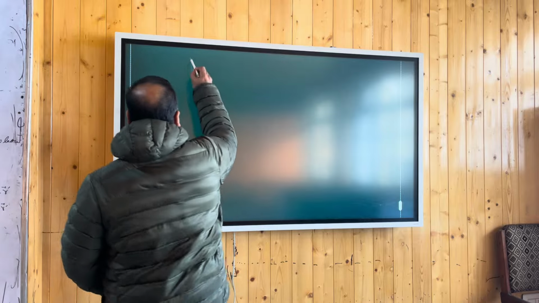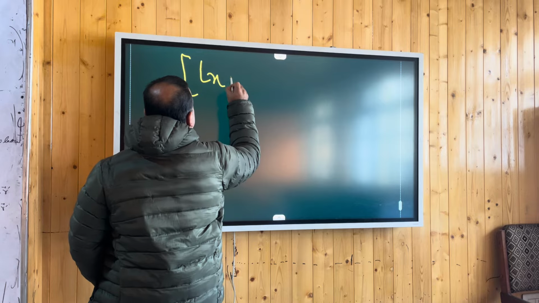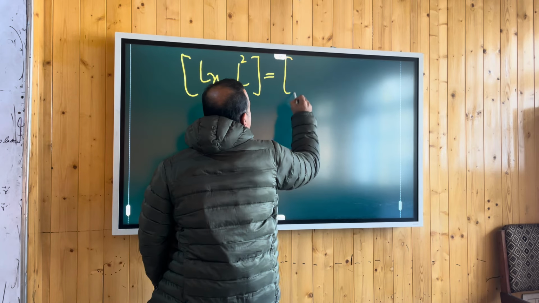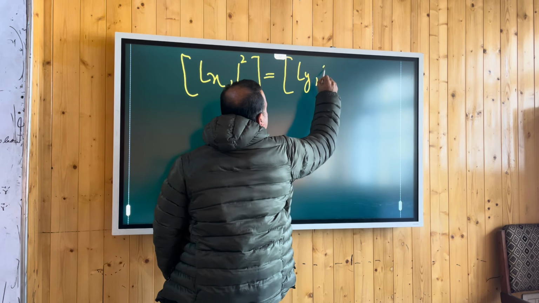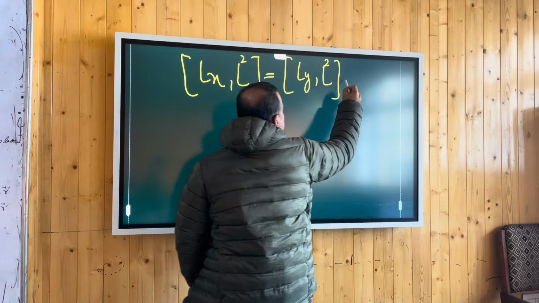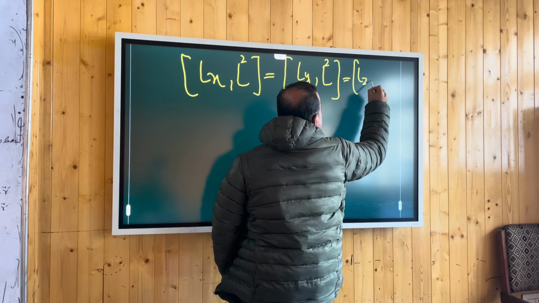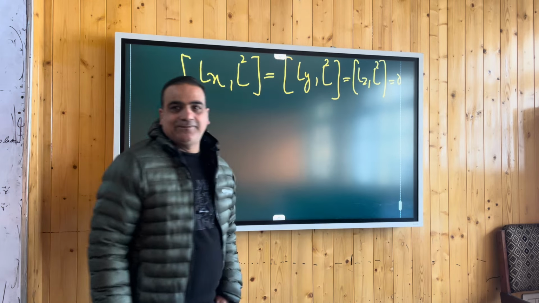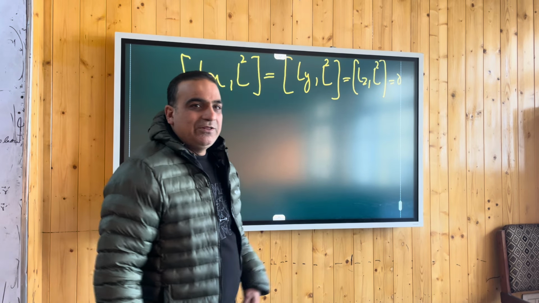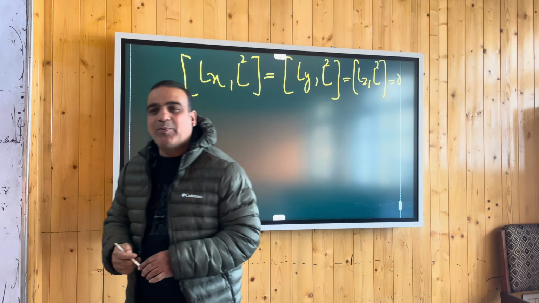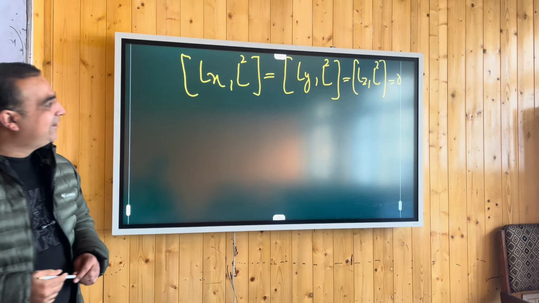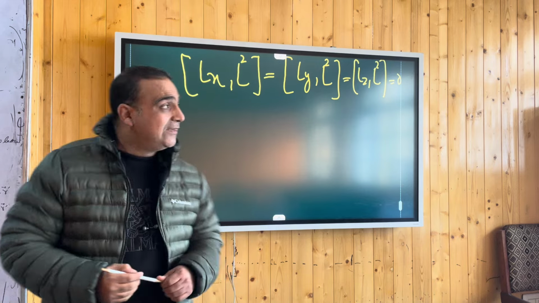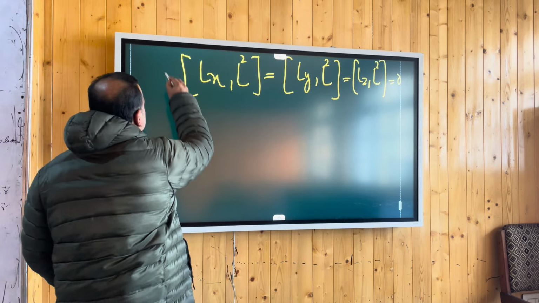It means [Lx, L²] = [Ly, L²] = [Lz, L²] = 0. So these two operators exactly commute with each other.